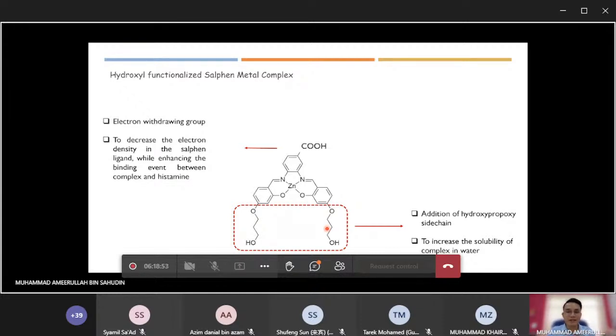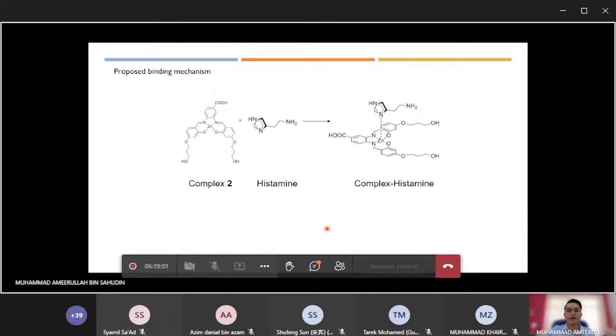Therefore, we need water solubility to enhance the binding event between the sensing material and the target analyte.